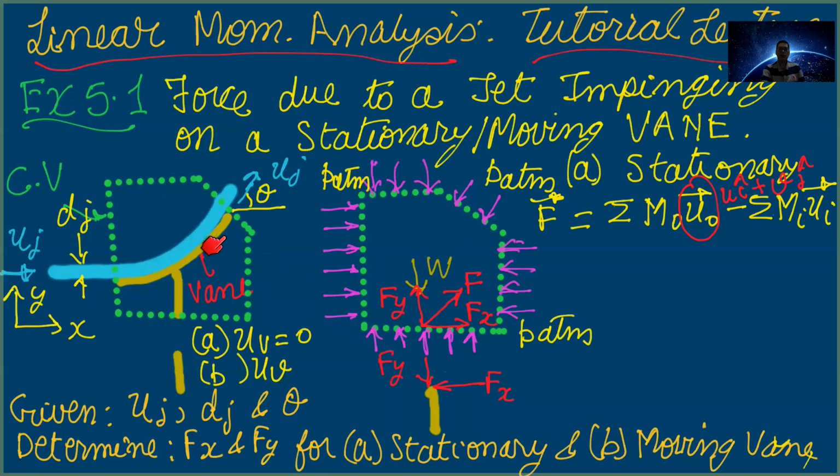We are assuming that the jet passing through this control volume has reached a steady state.